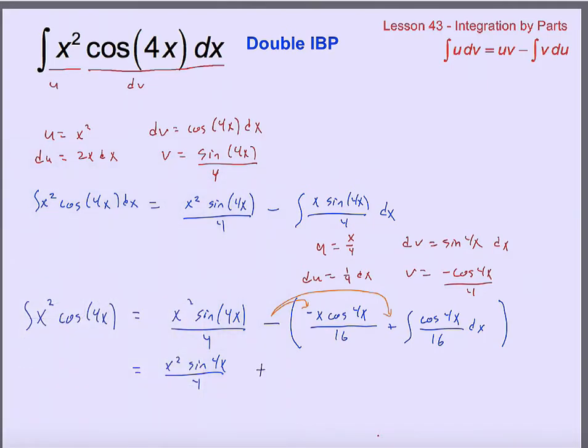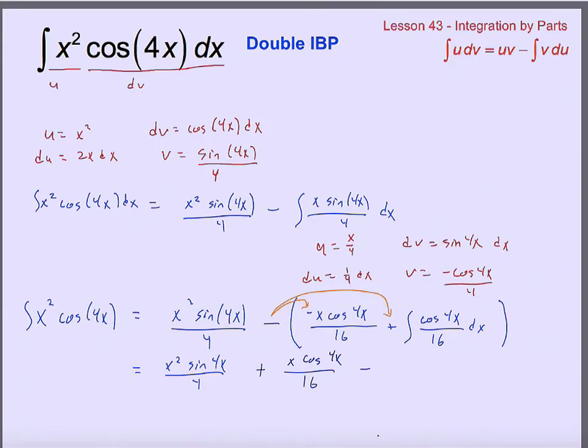So that would be plus x times the cosine of 4x over 16 plus the antiderivative of the cosine of 4x over 16. Remember, I'm sorry, I forgot about the distributing that I just talked about. That's now a minus sign.